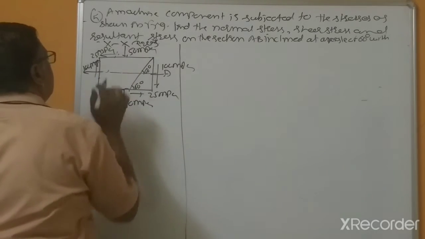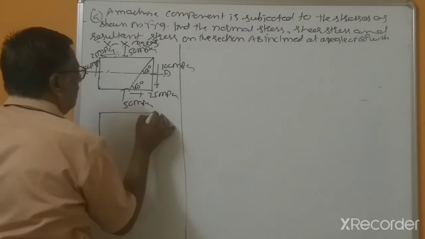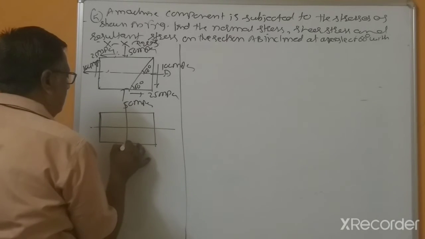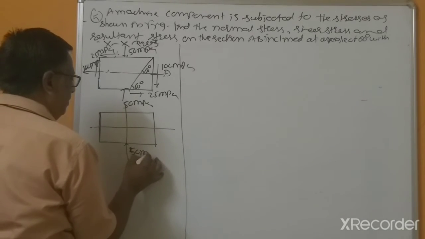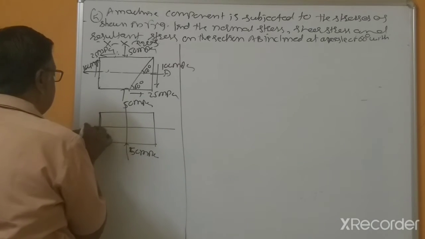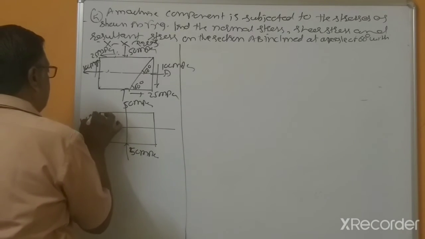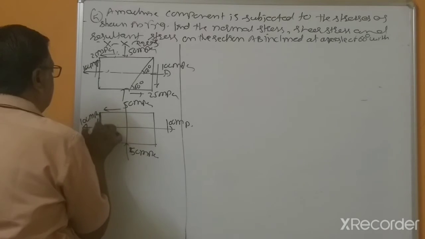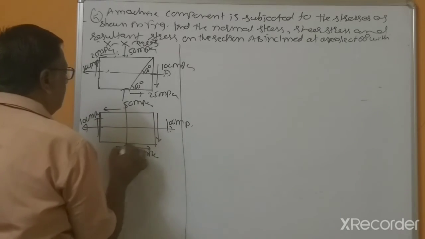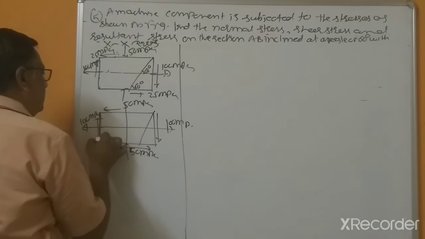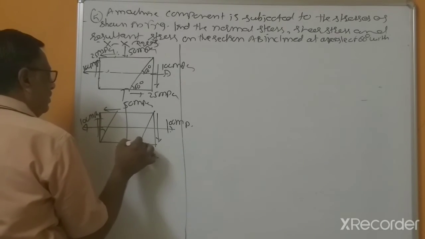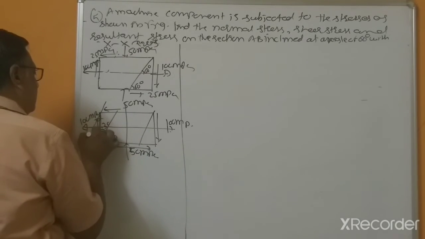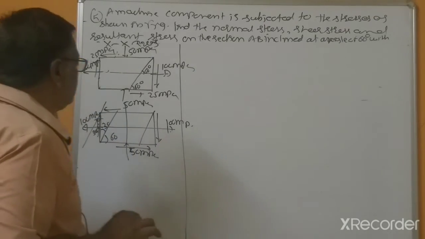Sorry. So the equivalent angle, because this is 50 megapascal, this is 100 megapascal, 25, 25, 25, 25, and this angle is given. So because this is 60 degree, this is 30 degree, and this angle is 30 degree.